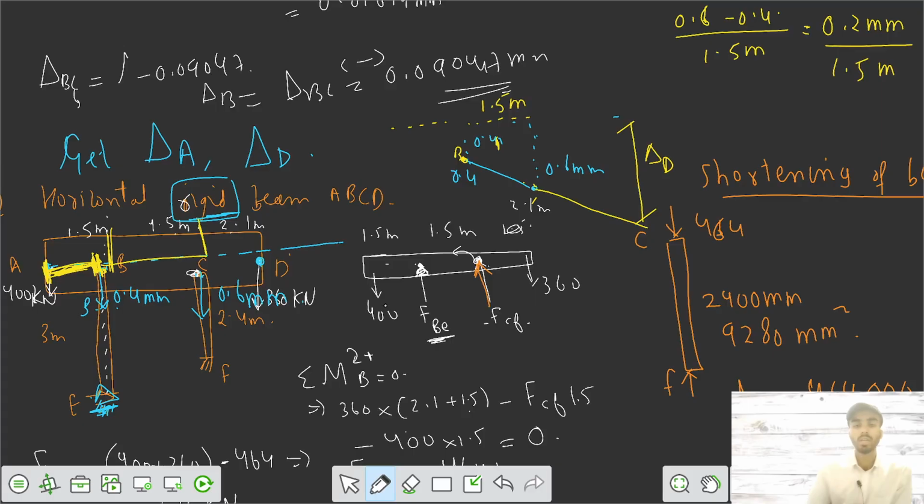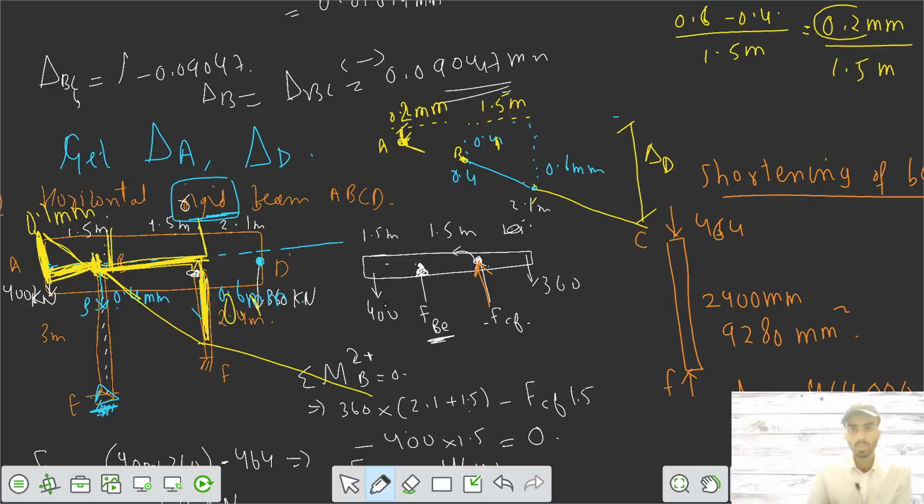The net deflection between B and C is 0.2 mm, so for the slope to remain continuous, this deflection has to be 0.2 mm downwards. So point A has to be somewhere here. This is your point A, and your net deflection here is 0.2 mm.